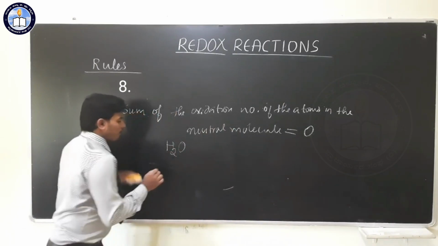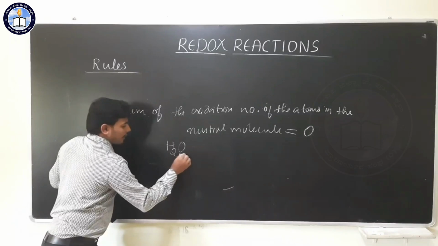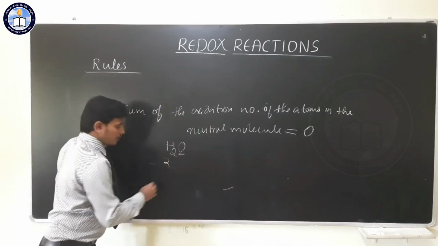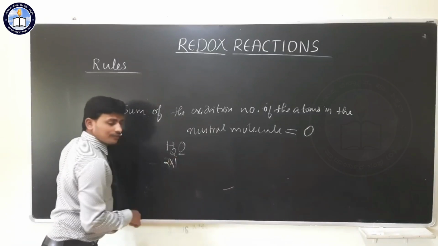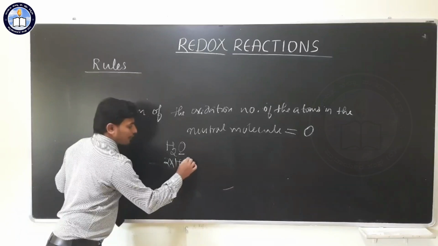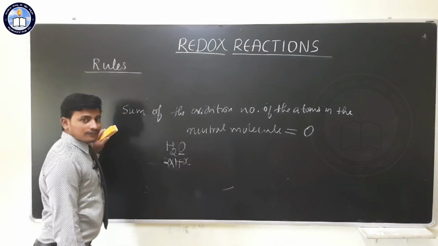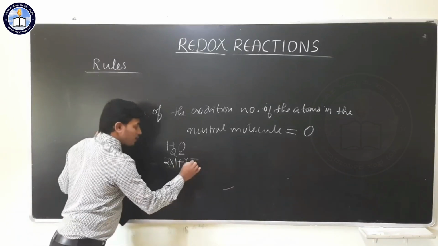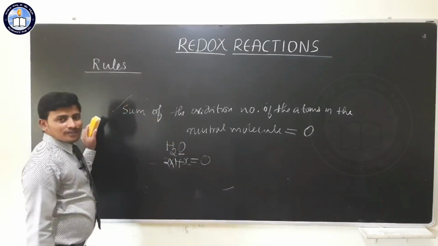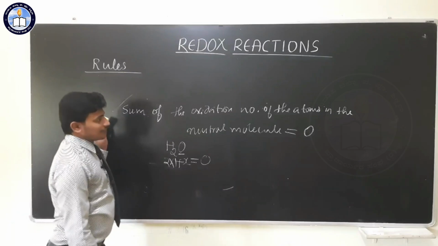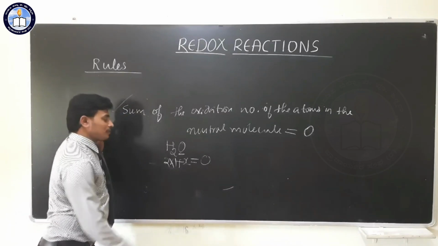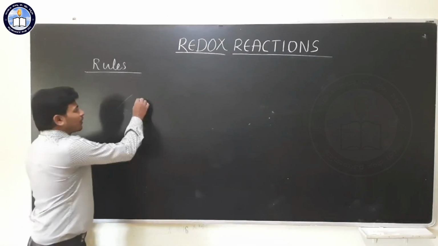If I say calculate for oxygen, there are 2 hydrogens: 2 into hydrogen value 1, plus oxygen, which we need to find out, so we put X, equal to 0. Why 0? The rule says that the sum of the oxidation numbers of the atoms in a neutral molecule is equal to 0.